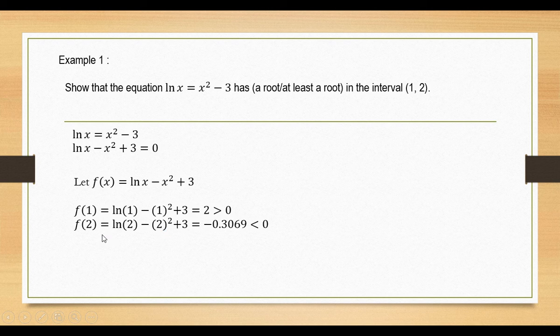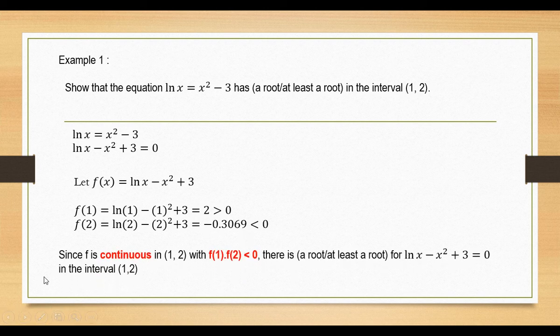Then we substitute 2, and we get negative 0.3069, which is less than 0. So we give a reason and conclusion. Since f is continuous in [1, 2] with f(1)·f(2) less than 0, there is a root, or at least a root, for ln x minus x squared plus 3 equals 0 in the interval (1, 2).